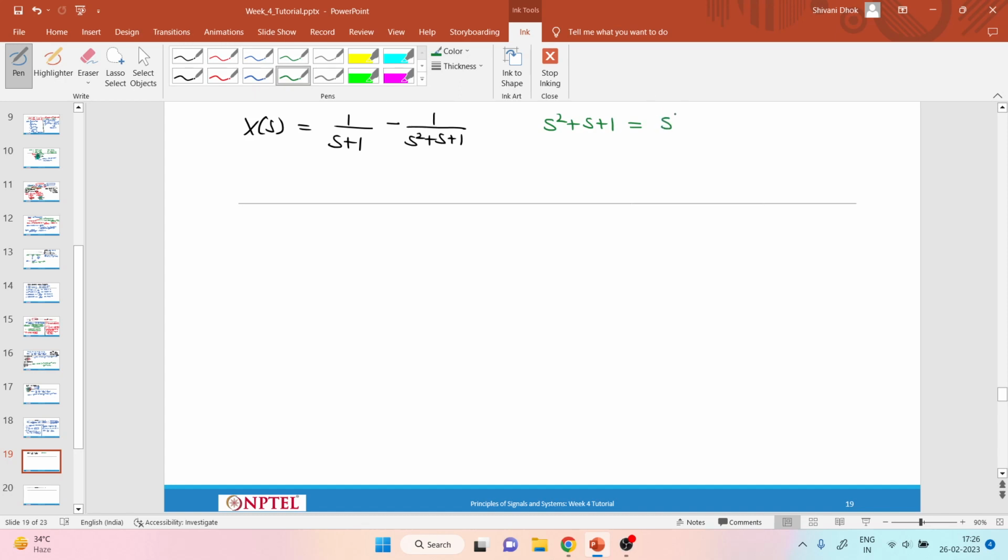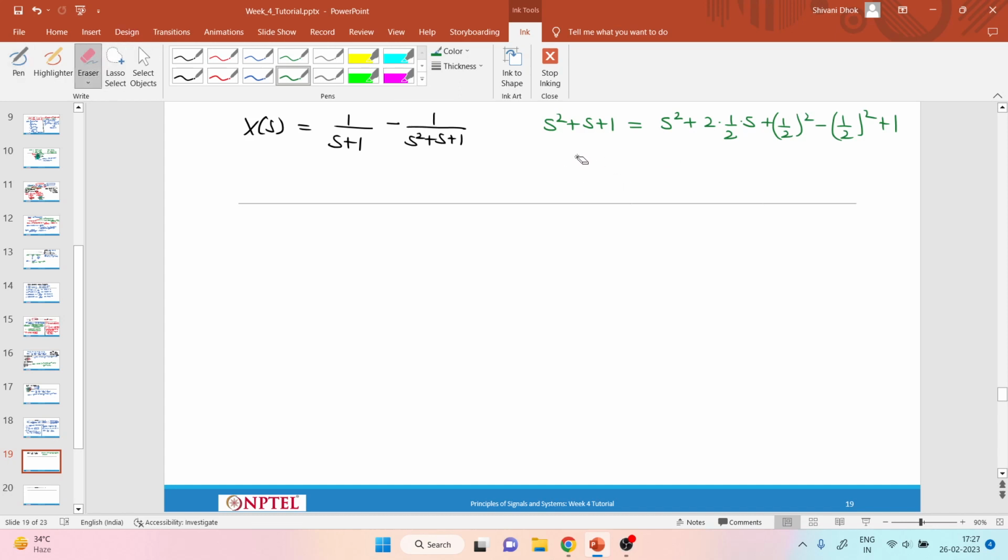So I can write it as s² + 2·(1/2)·s. I want something like a² + 2ab + b², so here a is s and b is 1/2. So I'll just add (1/2)² and subtract (1/2)², plus 1.